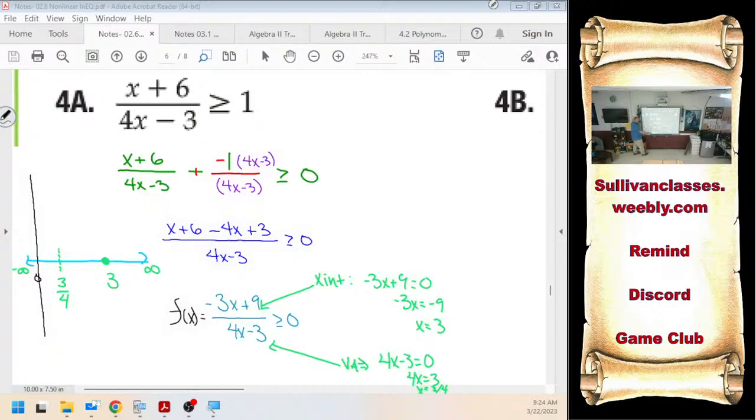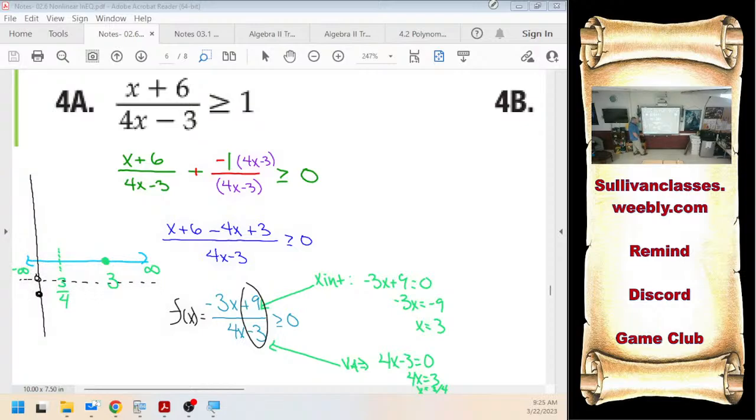I know that I will have a y-intercept at -3. I also know I'll have a horizontal asymptote at -3/4.